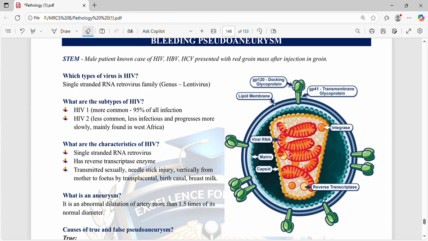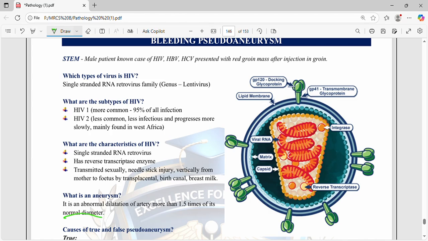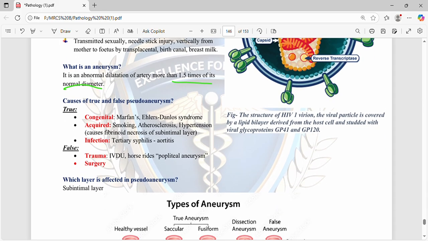What is an aneurysm? It is an abnormal dilatation of an artery more than 1.5 times its normal diameter. Causes of true and false pseudoaneurysm.